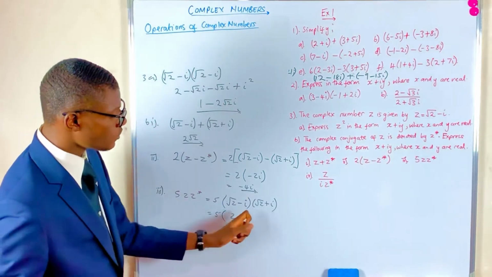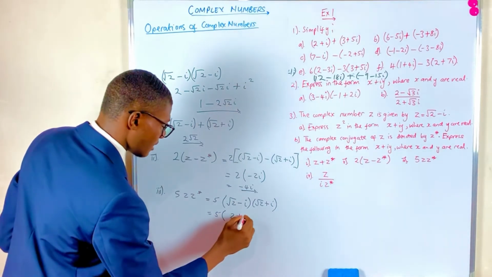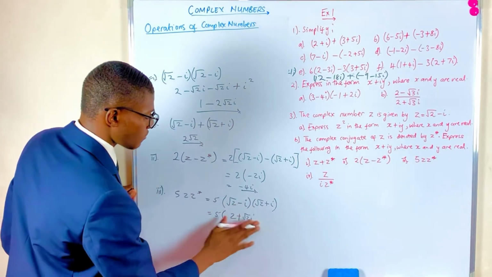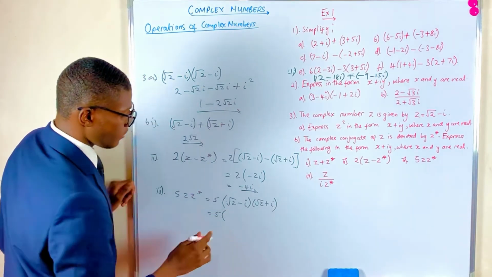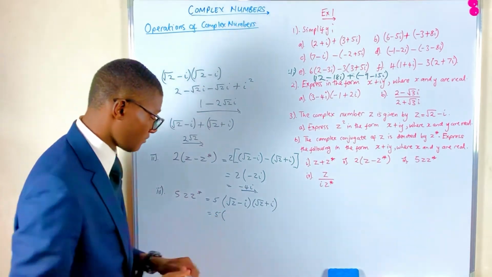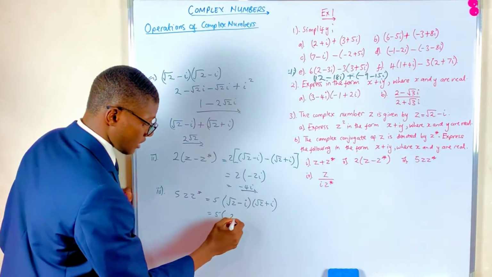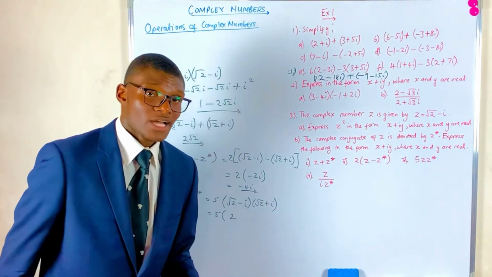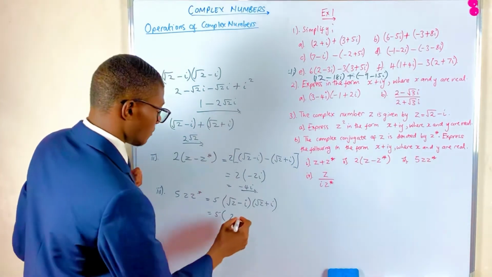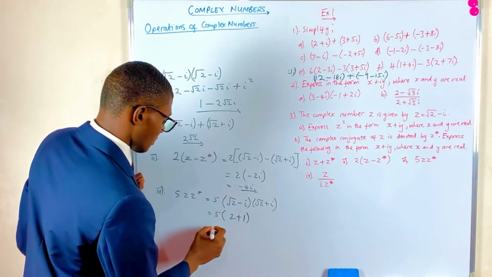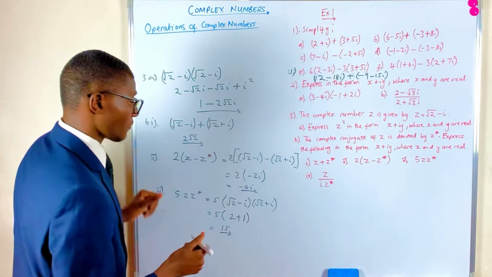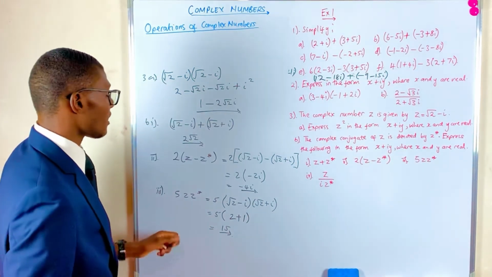And then root 2 times i, we get a plus root 2i. And then now this is difference of 2 squares. So we're only worried about the first term, which is root 2 times root 2 to get a 2. And the last term, minus i times i, we get a minus i squared, which is plus 1. Right, so 5 times 3 there, we get a 15. Okay, so this is how we simplify part 3.